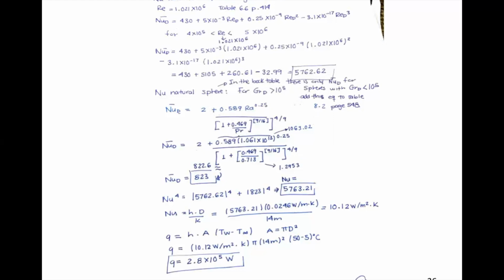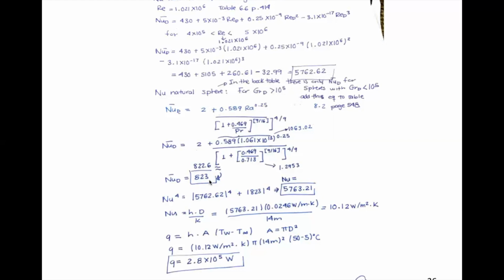As we already expected, our Nusselt depends on the Rayleigh that we already calculated in the previous slides. And so by inputting the Rayleigh and the Prandtl, we get a Nusselt of around 823.